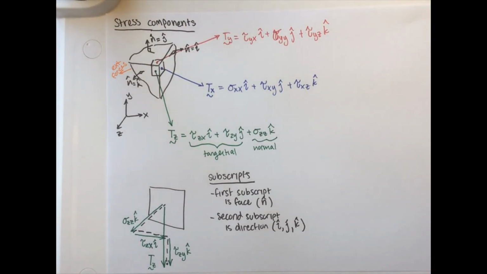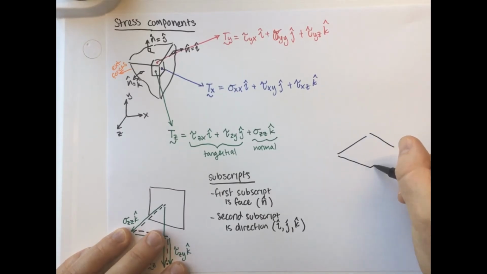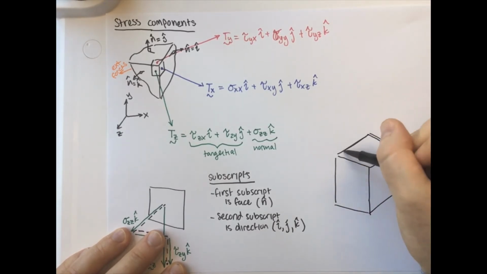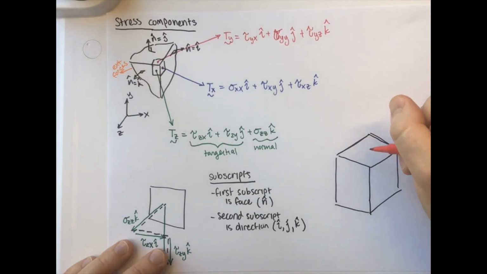All right, and so what we can do with all of this information is we can start to think about a different representation. So we can start to look at a cube. And so we have our cube here. I'll do my best to draw this guy. And so now we have a different representation.